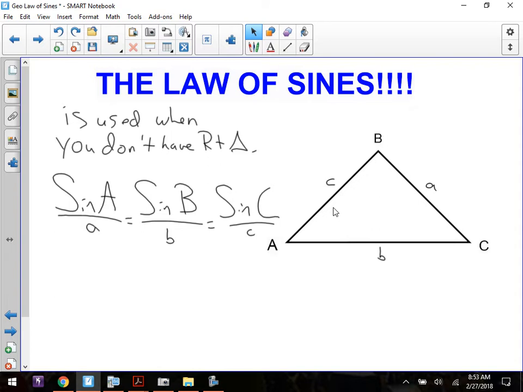Obviously, when you're solving equations, you don't normally have two separate equal signs. What that means is that you're going to be using two out of those three parts to solve the problem. We use law of sines when you know an angle and its side opposite. That's the thing.